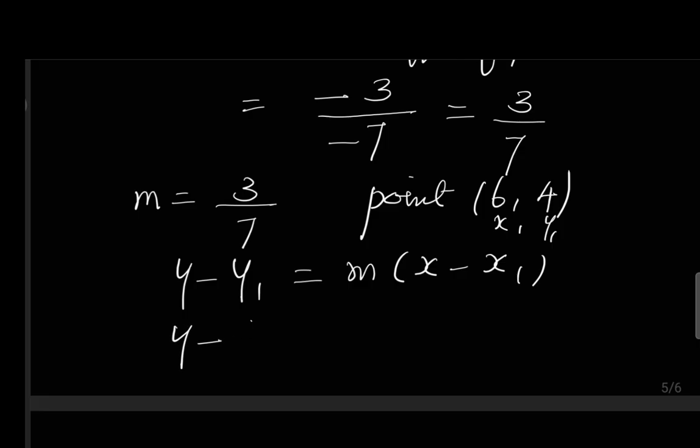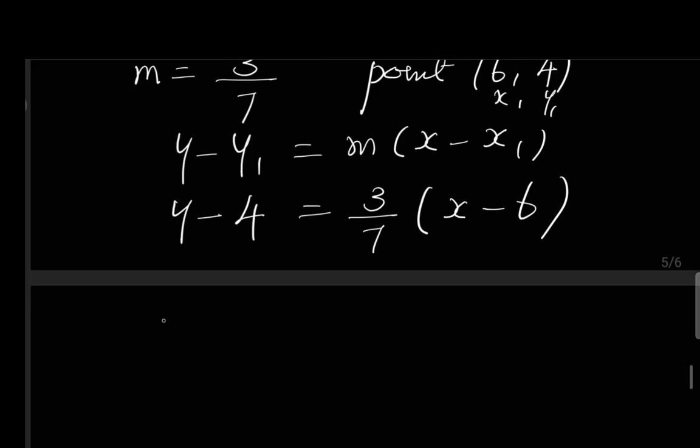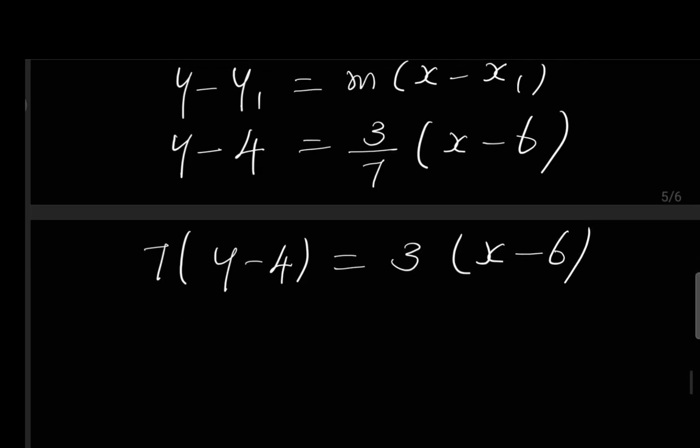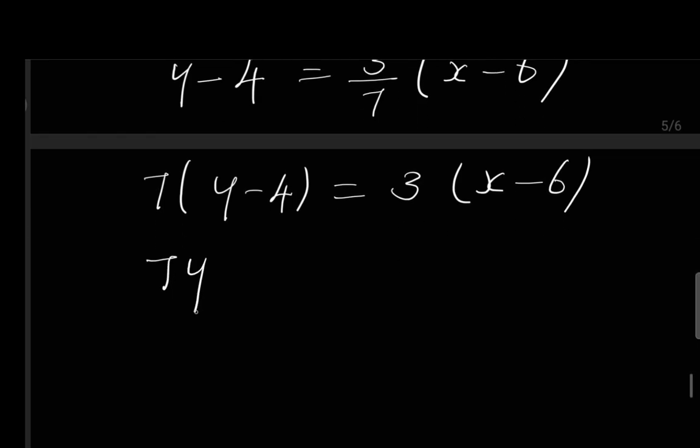y minus y1 is 4, m is 3 by 7 and x minus x1 is 6. So you will cross multiply: 7 into y minus 4 is equal to 3 into x minus 6. See, 7y minus 28 is equal to 3x minus 18.